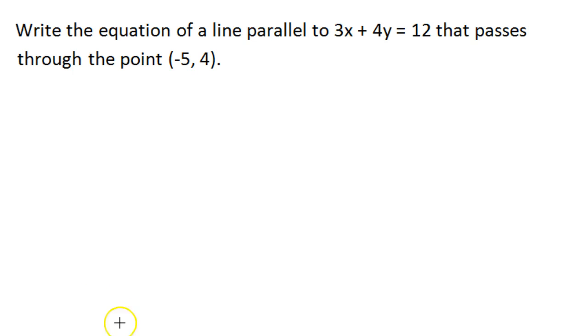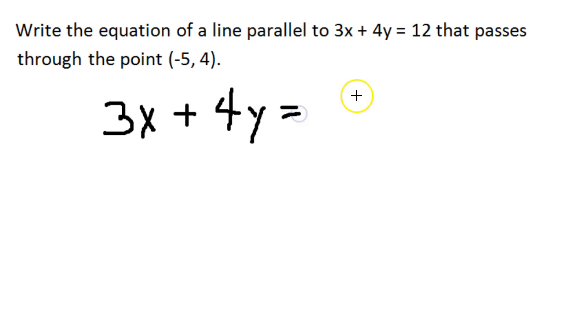We've just discussed that any line parallel to 3x + 4y = 12 has to have exactly the same left side of the equation, in other words 3x + 4y. So we're going to start by saying 3x + 4y is equal to C.